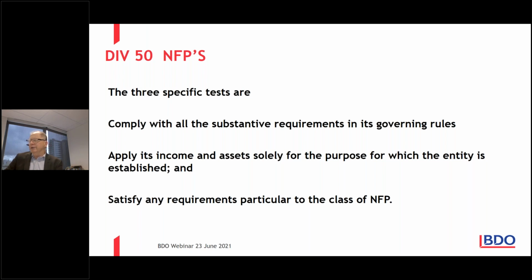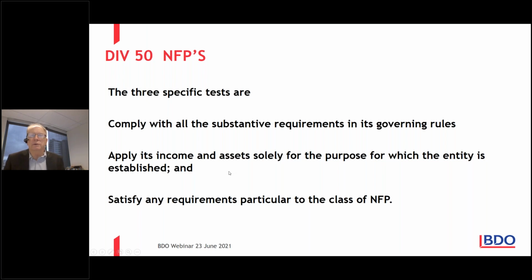A good example is that under the employer and employee associations area, they must at all times remain registered with Fair Work Australia, for example, as an industrial organisation. So if you give up your registration with Fair Work, then you cease to be that class, and hence would lose your income tax exemption.